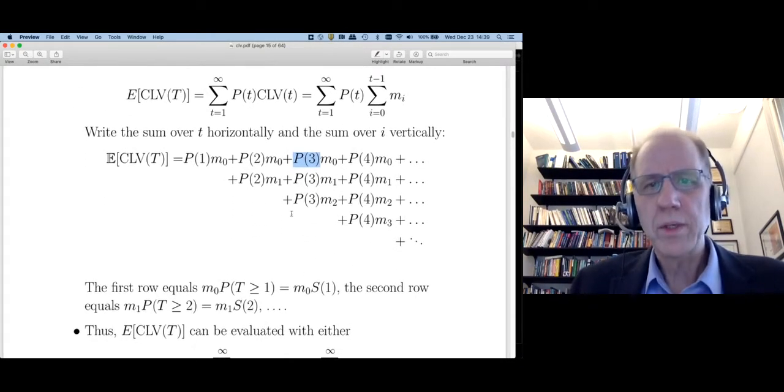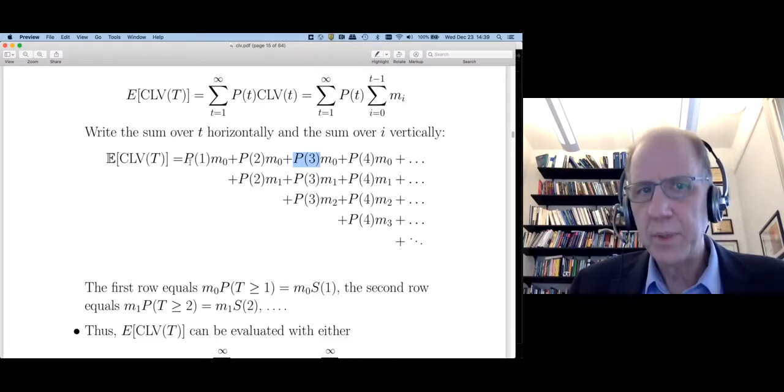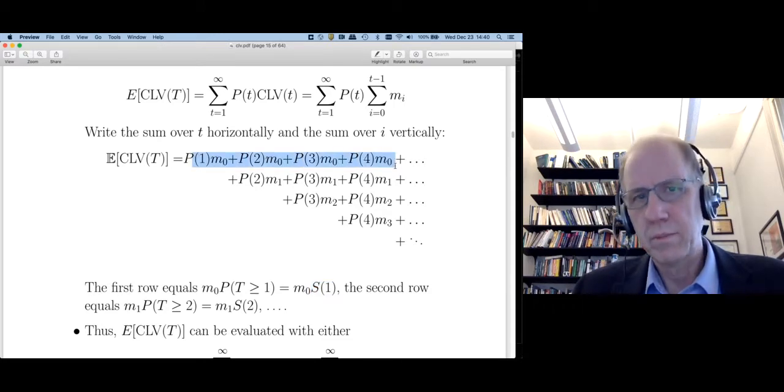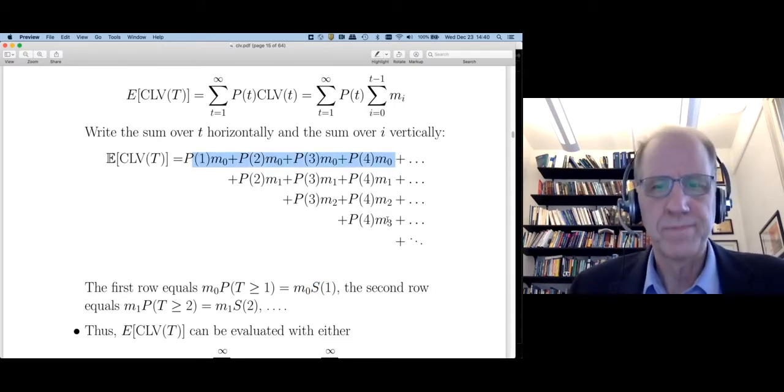Now, what we notice is that if I add up the probabilities of a payment occurring at times 1, 2, and so forth, what we really have is the survivor function. So if I've survived up until time period 1, so I cancel at time period 1 or later, that's what this is after I pull the m naught out.